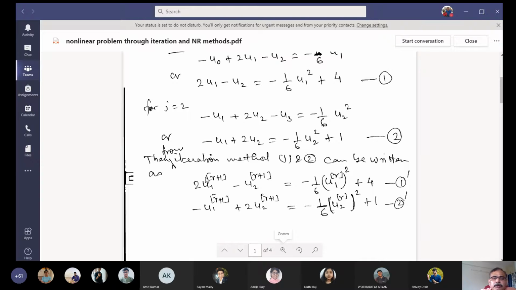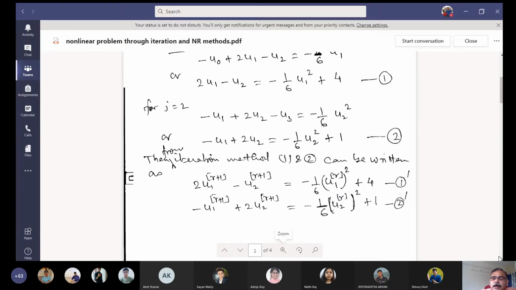For example, if you take r equal to 0, this will be u1 1 minus u2 1 equal to minus 1 by 6 u1 0 plus 4, where u1 0 is already in your hand, so you can start with it. Similarly the second equation is also written in iterative form: u1 r plus 1 plus 2 u2 r plus 1 equals 1 minus 1 by 6, with the nonlinear part evaluated at r. So the evaluation is done at the previous stage and then plus 1.